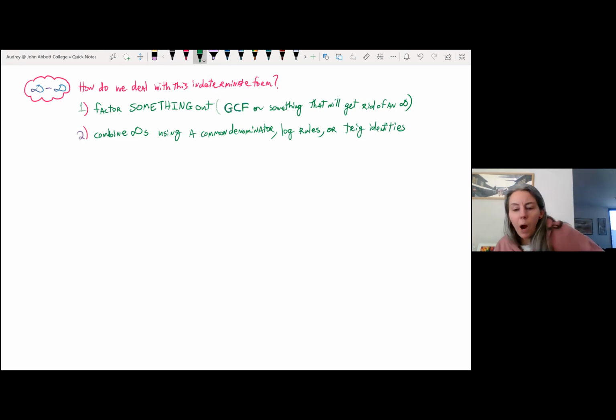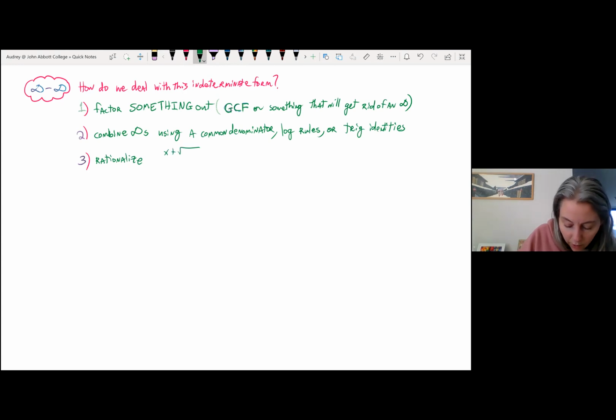The third one, which I'm probably not going to do an example of because it's the same as what you learned last semester and it's somewhat rare, is to rationalize. This would be like what you did last semester when you had something like x minus the square root of x minus 4 over whatever, and you had to multiply by x plus the square root of x minus 4 over x plus the square root of x minus 4.